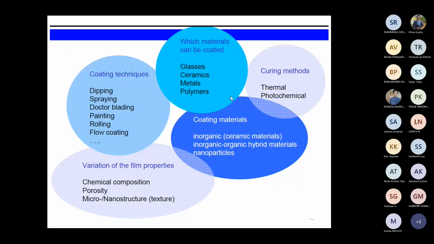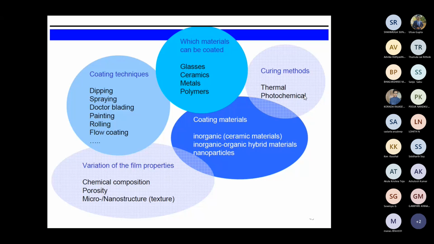Now we can discuss coating techniques, like dipping, spraying, doctor blading, painting, rolling, flow coating. These are all techniques that can be used in sol gel. Which materials can be coated? Glass, ceramics, metal, polymer, a whole range of materials. The curing method could be thermal or photochemical, like UV light.